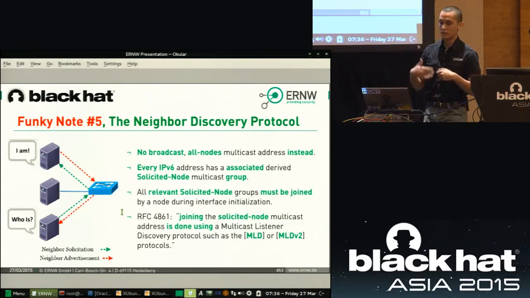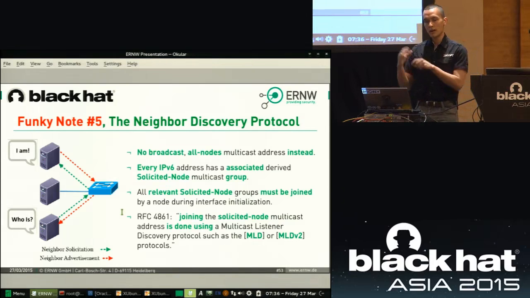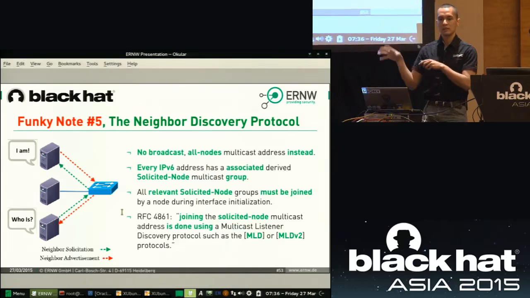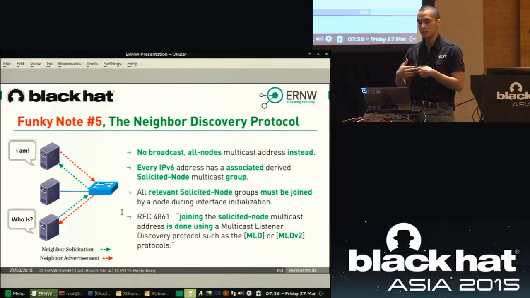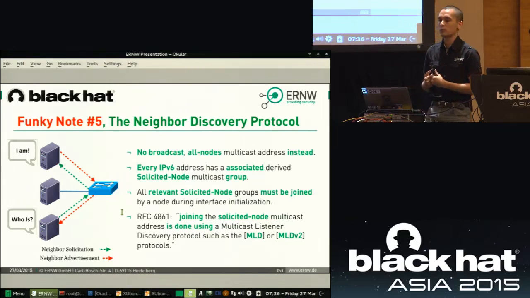So what the IETF and the folks working on the RFCs developed was: whenever a host goes up, this host tries to give itself an IP address if it's using stateless auto-configuration. So this host gives itself an IPv6 address and must join a multicast group.